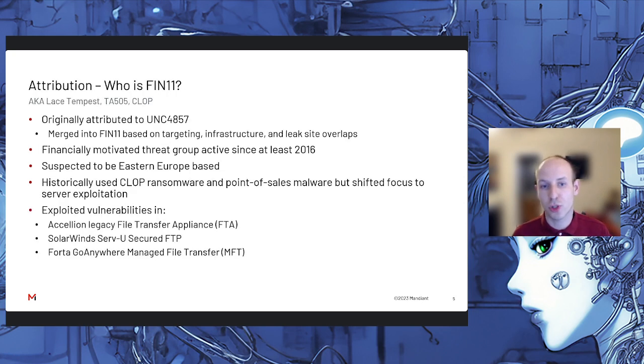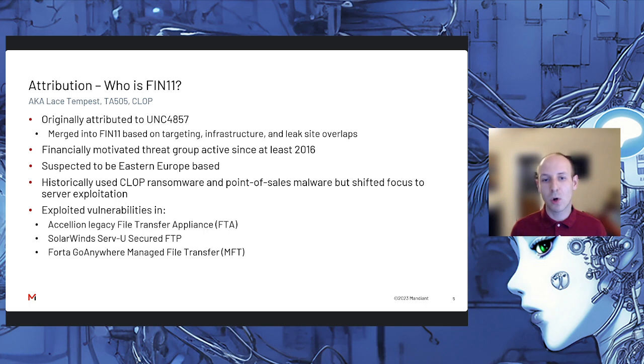Now, from an attribution perspective, when Mandiant started investigating all these incidents regarding this application, Mandiant originally attributed this activity to UNC4857. And what we call an UNC is an uncategorized cluster of threat actor activity, meaning we've never seen this potentially before.